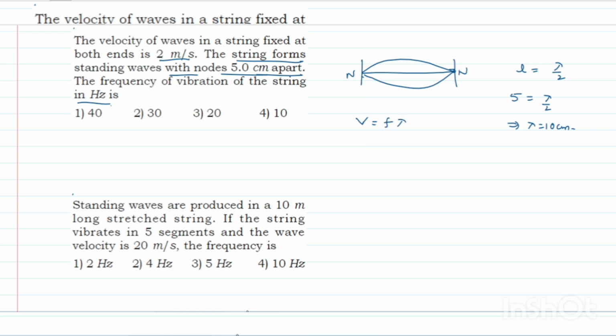The velocity is given as 2 meters per second, the frequency we need to calculate, and lambda is 10 centimeters. Students, you need to convert 5 centimeters, so lambda is 10 centimeters, 10 into 10 power minus 2, which becomes 10 power minus 1. So the f value is 2 by 10 power minus 1, which is nothing but 20 Hz. So 20 Hz is the correct answer.